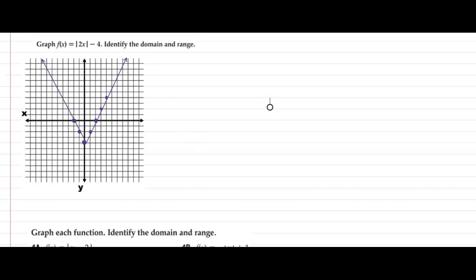Now let's talk about the domain and the range. To find the domain, we want to know all the possible x values. So I'm going to start on the left, right here on the x-axis, and I'm going to highlight where there's graph. So there's graph above me right here, there's graph above me, I'm hitting the graph, there's graph below me right now, there's graph below me, there's graph above me, there's graph above me.